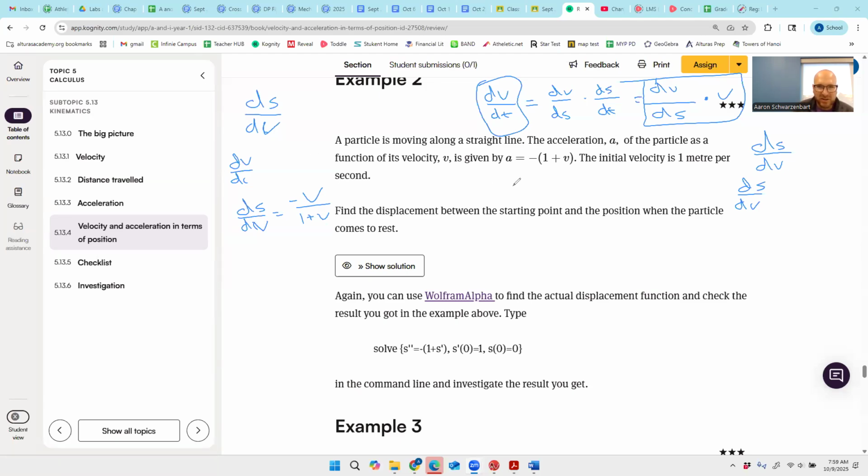Okay, so what they did here is we end up with v dv/dt equals dv/ds times v. dv/dt is my acceleration, so I'm going to plug that in.